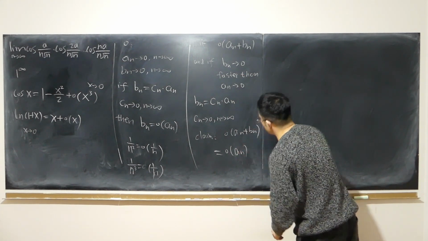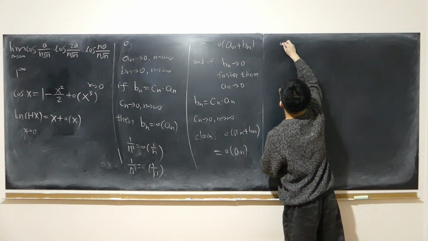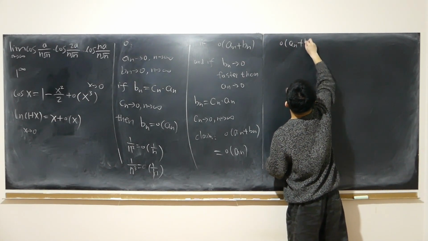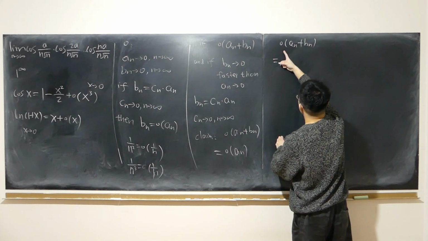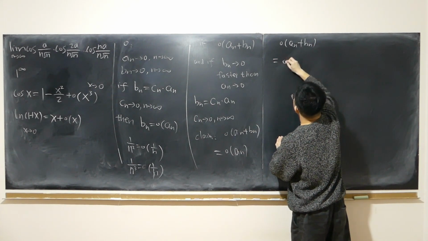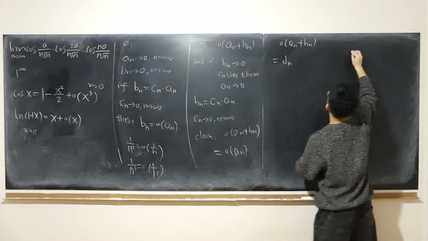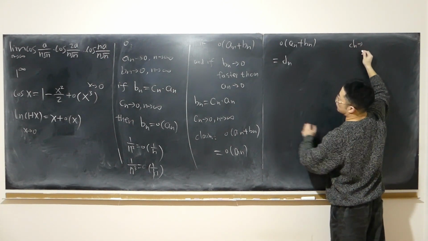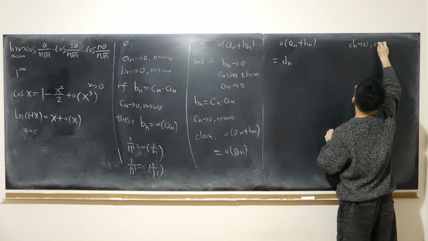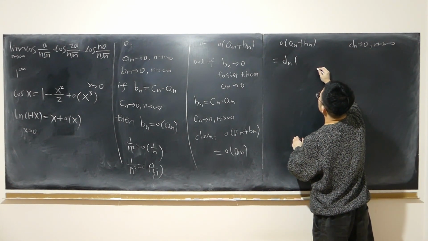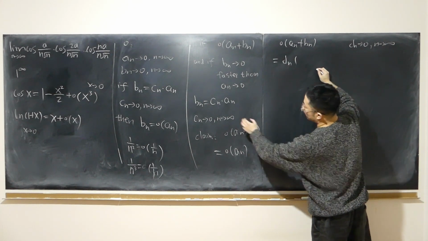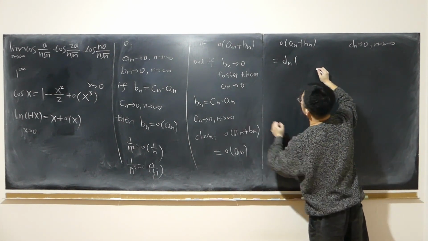The reason is because little o of an plus bn in this case can be written as some sequence dn approaching 0, according to the definition, times the bracket an plus bn. But bn can be written as cn times an.